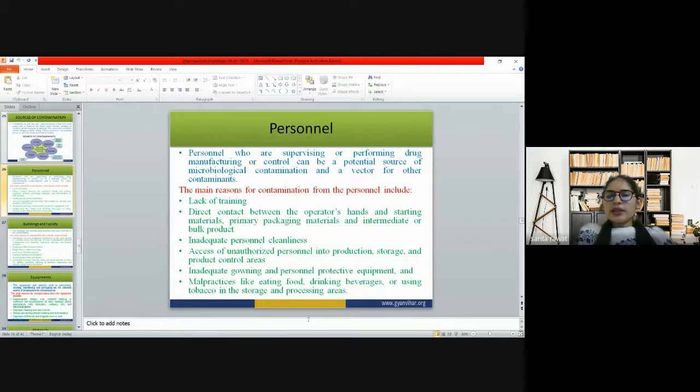The main reasons for contamination from personnel include lack of training, dirt contained between the operator's hand and starting materials, primarily packaging material and intermediates of the bulk product, inadequate personal cleanliness, access of unauthorized personnel into the production, storage and product control area, inadequate gowning and personal protective equipment, and malpractices like eating food, drinking beverages, or using tobacco in the storage and processing areas.